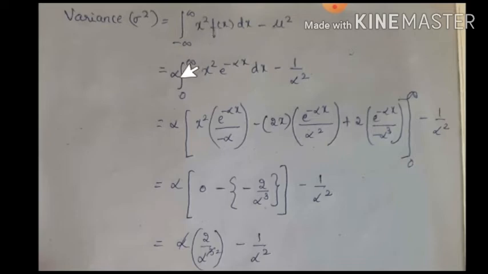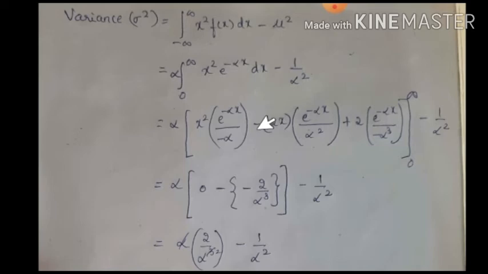F of x is alpha into e to the power of minus alpha x. Since alpha is an independent constant of x, we have taken it outside the integral. Here, as we have done in the derivation of mean, apply Bernoulli's integration by parts. X square as it is, integration of e to the power of minus alpha x is e to the power of minus alpha x by minus alpha.